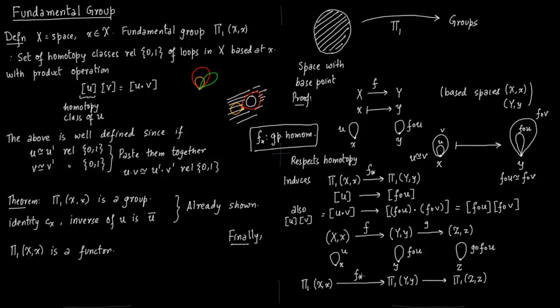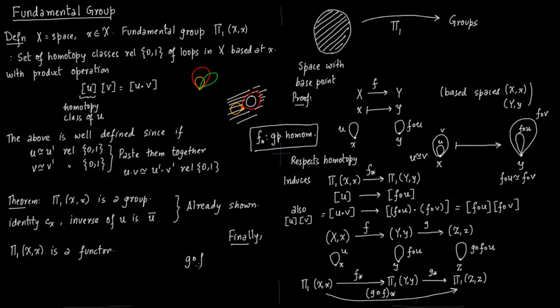So for π1 to be a functor, we have to show that if you first apply f star and then g star, this is the same as the homomorphism you get when you first apply f, then apply g and take the homomorphism. So this diagram should commute. We should be able to get the commutativity in this group diagram, and that will imply that π1 is a functor.